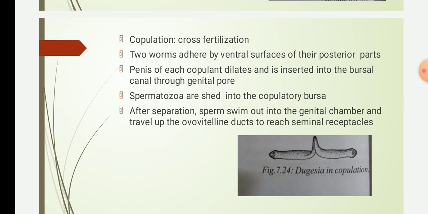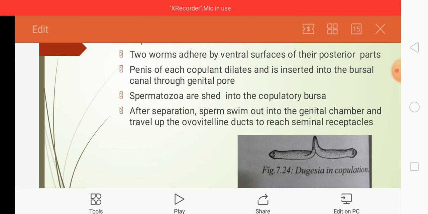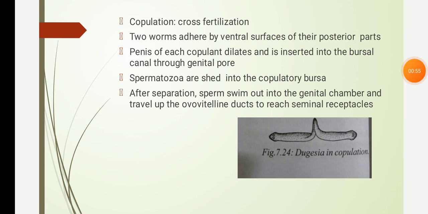During copulation, the two worms adhere together by the ventral surfaces of their posterior parts, with their anterior parts diverging from one another, as we see in the diagram.